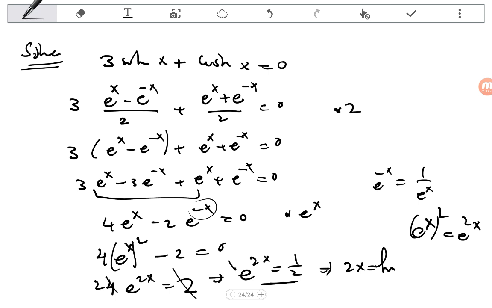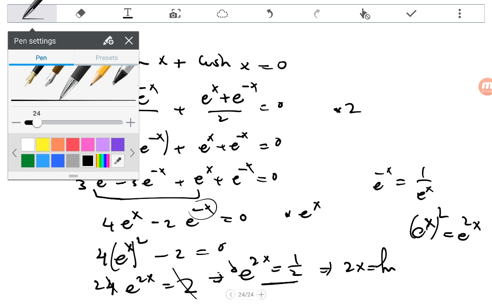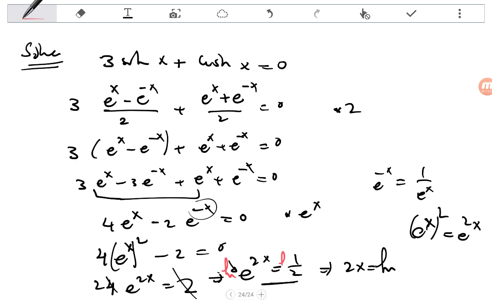I take ln of both sides, the ln cancels the e, and I have 2x equal to ln half, so x will be half ln half, which should be the solution.